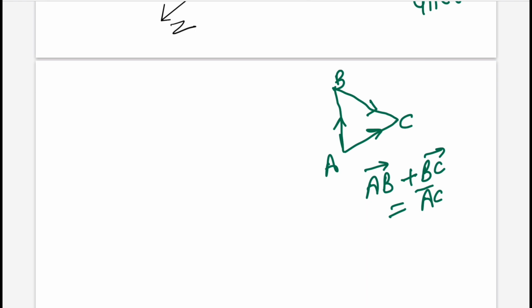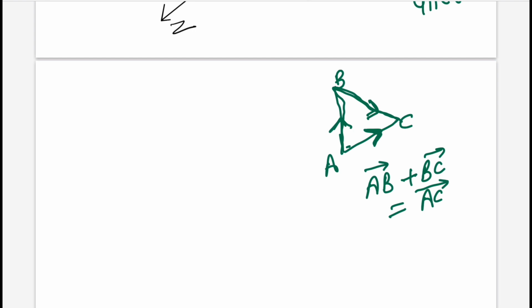Let me explain the triangular law of vector addition. If there are three vectors A, B, C, then AB vector plus BC vector will be equal to AC vector, right? Because AB vector and BC vector are in the same direction, but the AC vector is in the opposite direction.